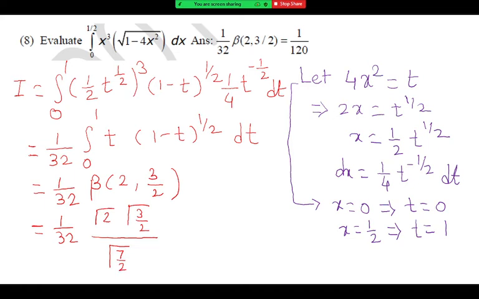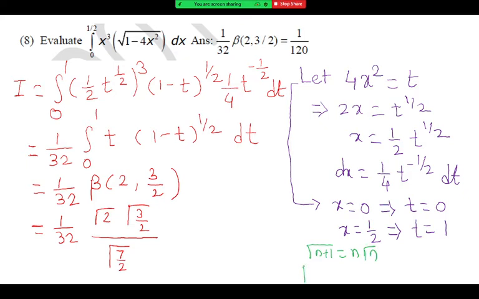Now there is one rule that we can use for a fraction. Whenever n is a fraction, what is the formula that we use for gamma? Can I write gamma 7 by 2 as 5 by 2 factorial? No, we can't, because the factorial doesn't exist for a fraction. So whenever n is a fraction, gamma n plus 1 is written as, yes, anyone? Where is that formula? Gamma n plus 1 is n gamma n, is it?